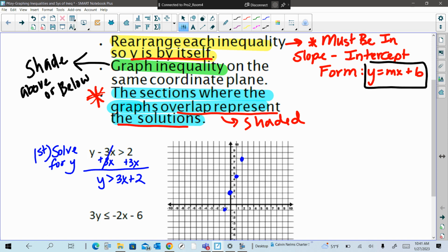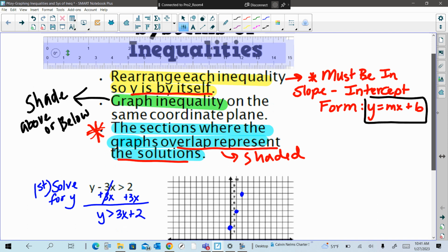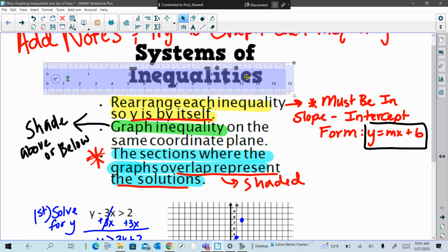Okay, I'm going to get my ruler too. Okay, so I'm going to take my ruler. Let me get mine up here. And we're going to line it up on our points.